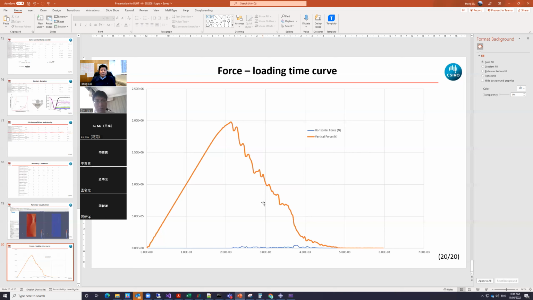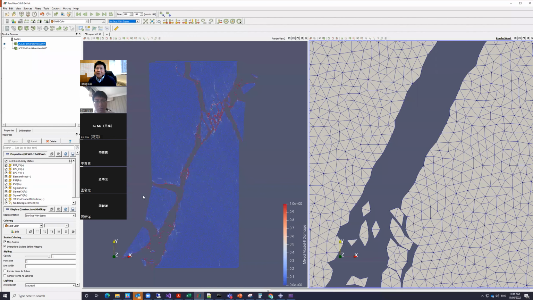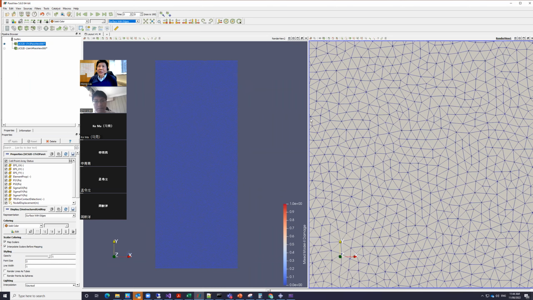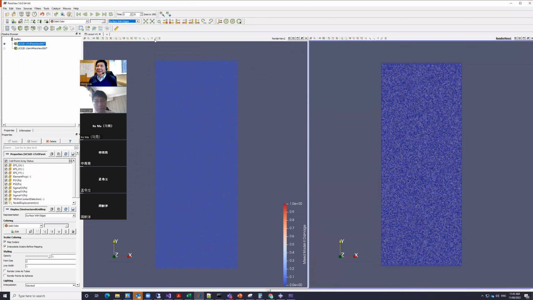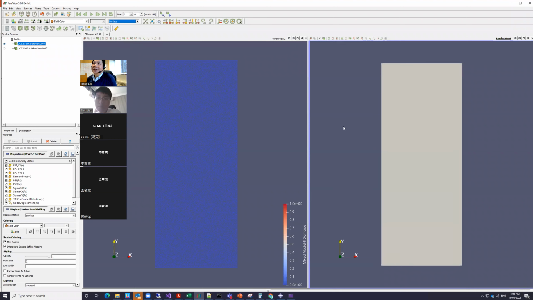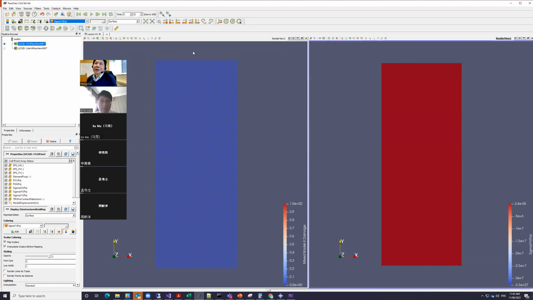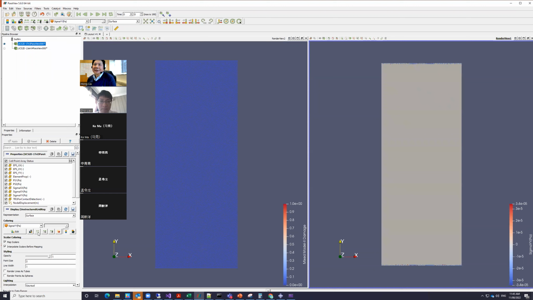So you were noting that for the modeling, if we look at the stress distribution, you can see that initially there is the propagation of the stress. Let me show the vertical stress.